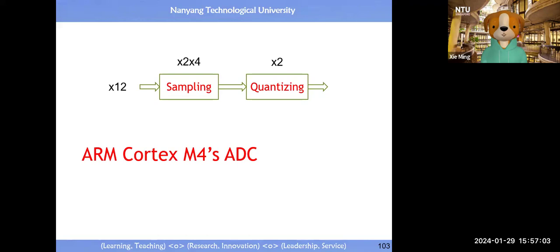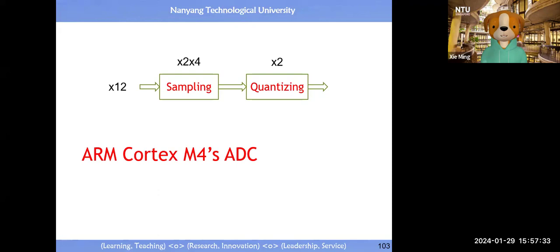Second is to use the built-in function of ARM Cortex M4. Then for the built-in ADC, it will allow you to configure sampling. Always remember, first is sampling: make the time-continuous function become a time-discrete function. Second is quantization: convert each sample into a digital number.